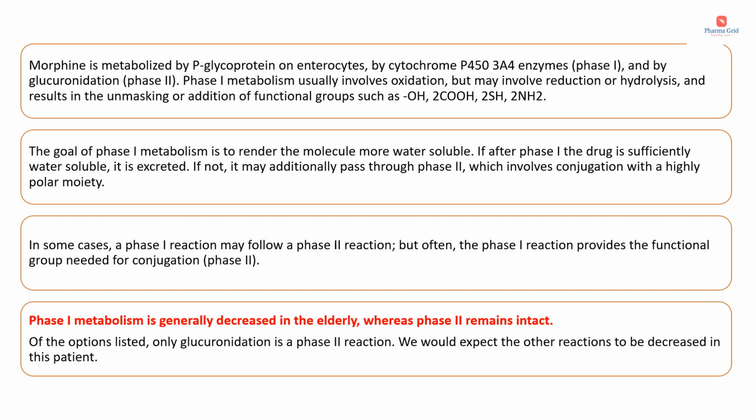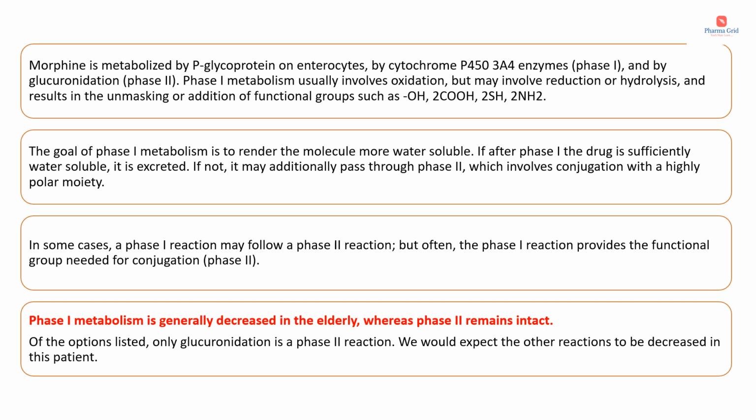The goal of phase 1 metabolism is to render the molecule more water soluble. If after phase 1 the drug is sufficiently water soluble, it is excreted. If it is not sufficiently water soluble, it may additionally pass through phase 2, which involves conjugation with a highly polar moiety.